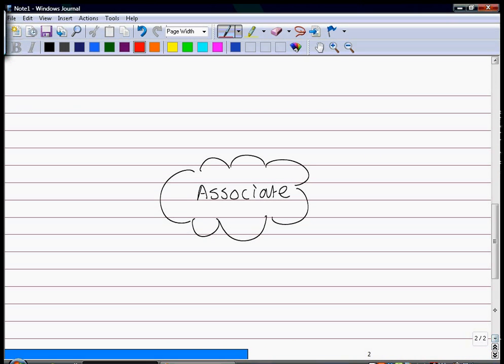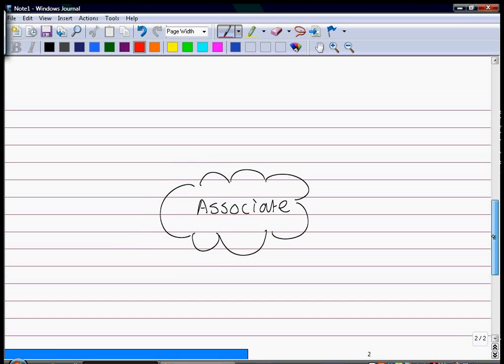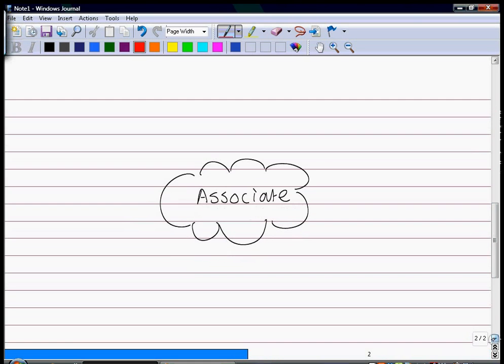Now let's look at an associate. What is an associate? Well, an associate is not a subsidiary, it's an associate. So what does that mean?